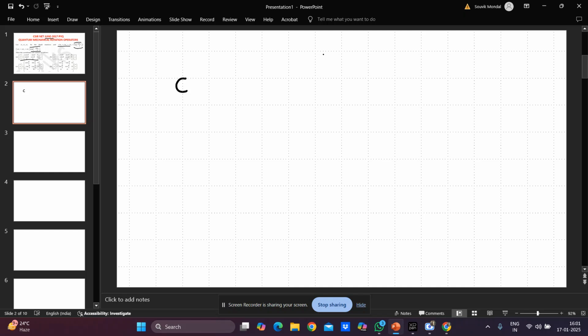Suppose there is an axis eta, or any arbitrary direction. With this axis, you make a rotation theta. If you make a rotation theta, then what will be your rotation operator?